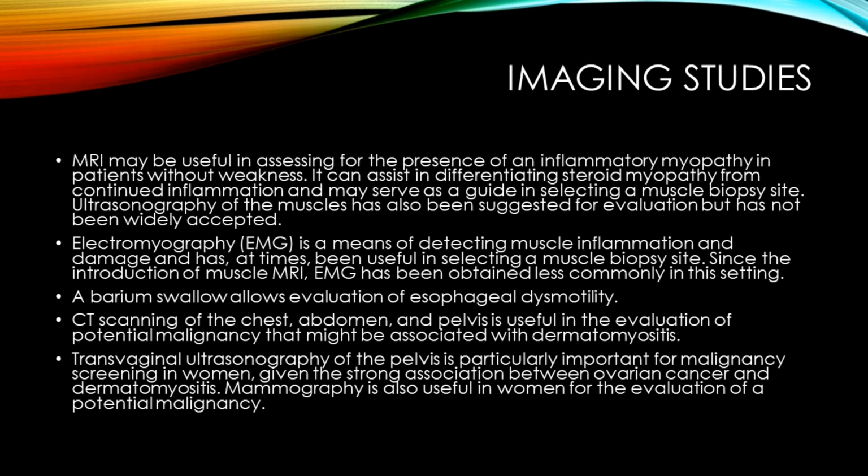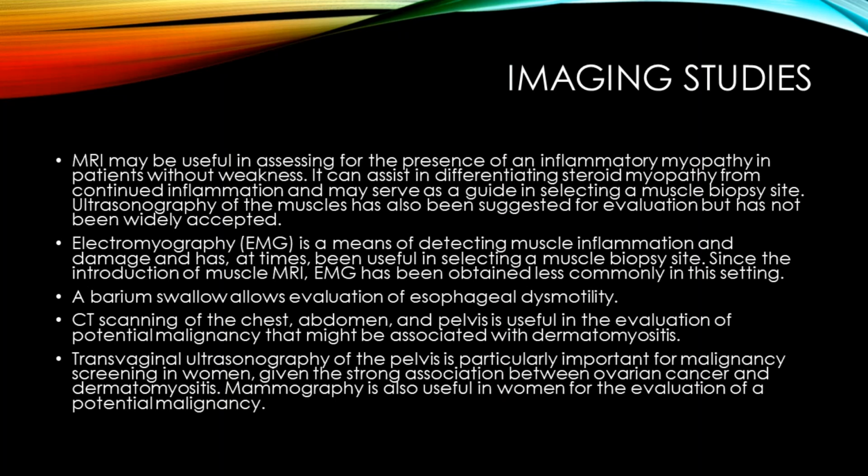Imaging studies. MRI may be useful in assessing for the presence of an inflammatory myopathy in patients without weakness. It can assist in differentiating steroid myopathy from continued inflammation and may serve as a guide in selecting a muscle biopsy site.